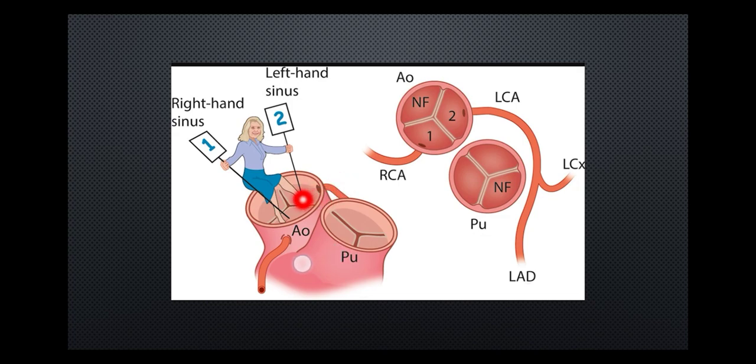Look at this: these are the right and left sinuses, and the left coronary artery passes across the pulmonary artery, gives off the circumflex, and then comes down as the left anterior descending. This is the Widowmaker. The right coronary artery arises from this sinus, passes down, gives off the marginal branch, and then passes behind the heart.